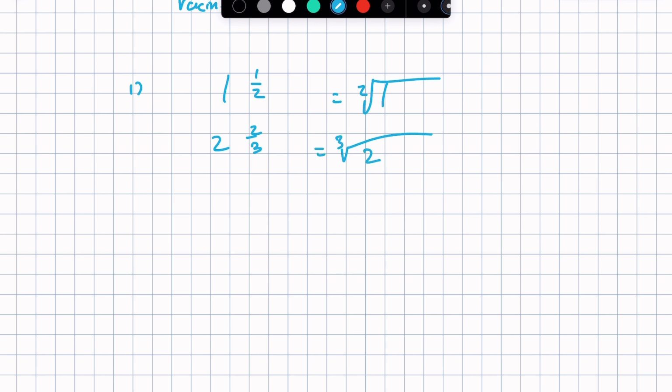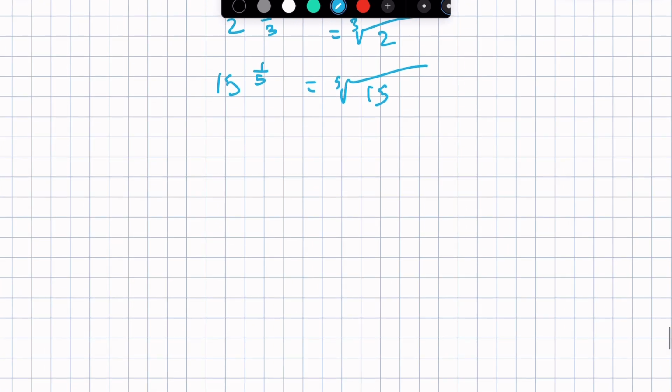Okay, so if I give you this, what should it be? Correct. 15 on 5. Okay, next one. 2 times 5 is basically the same thing as racine carrée of 2 times racine carrée of 5.